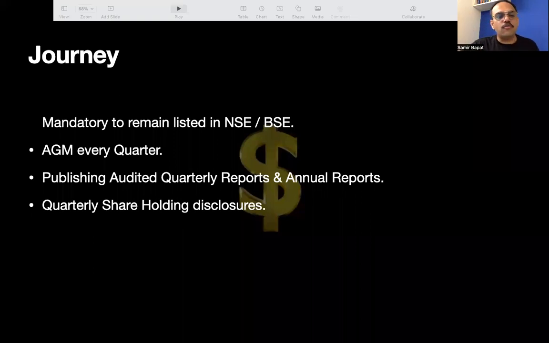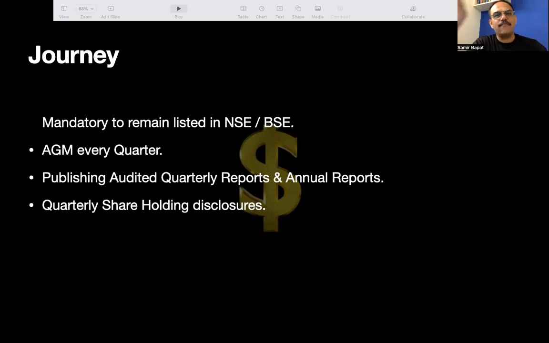They need to publish audited quarterly reports, every quarter reporting what they have done, their profit, loss, everything. They have to present annual reports and disclose their shareholding pattern. This is mandatory for each company listed in the stock market. They have to follow this norm.